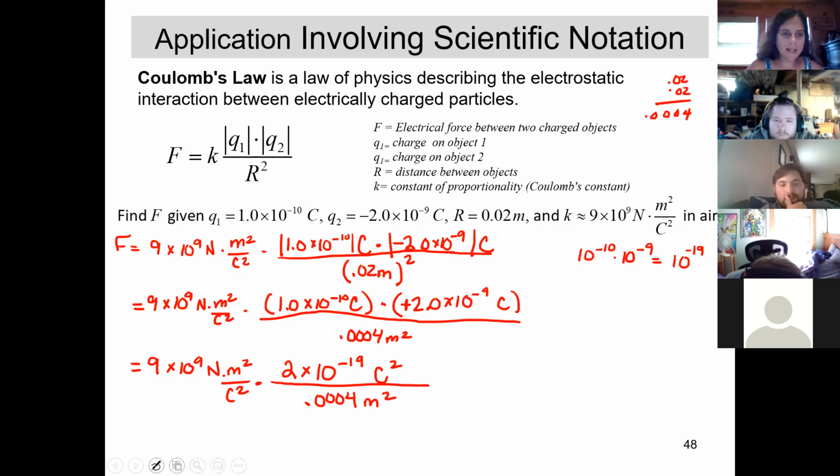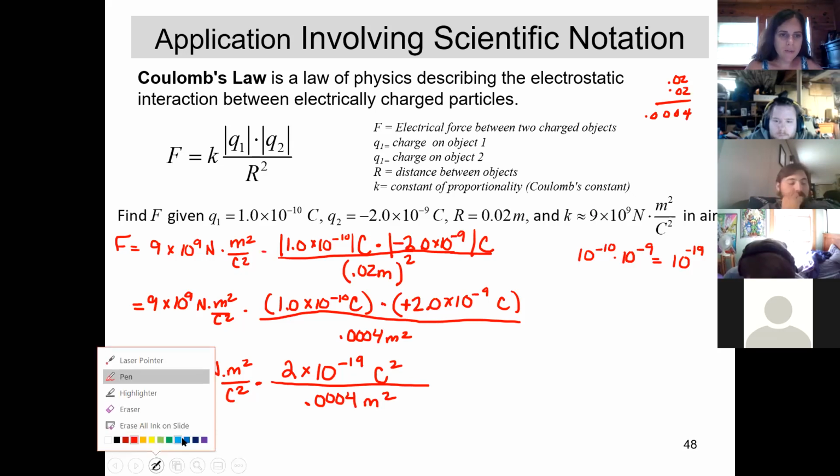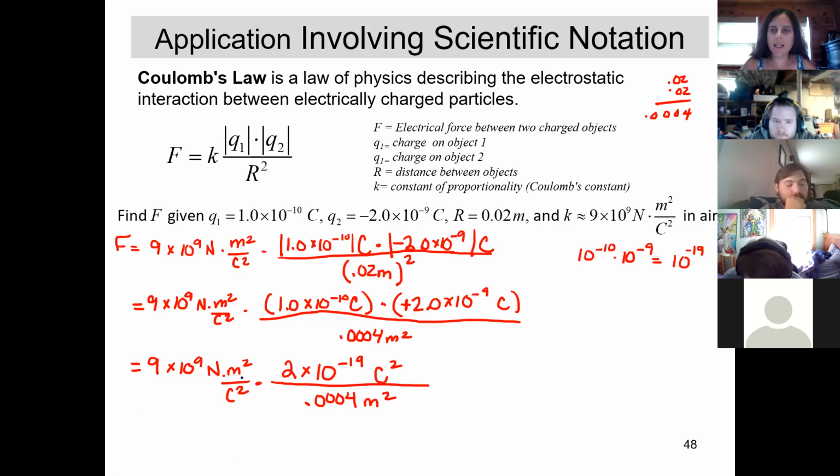All right, now let me cancel some units. Start simplifying some of those because they're getting kind of messy. But they're necessary, and the beautiful thing about keeping units in your math problem is the units multiply, divide, add, just like we do with variables. So the C squared can cancel with this C squared. This is in the numerator, this is in the denominator.